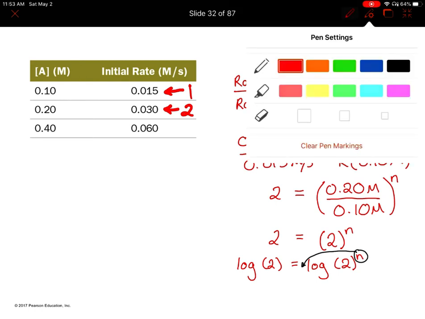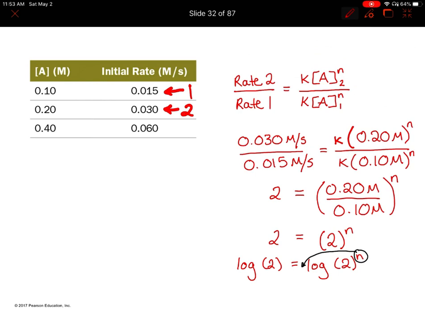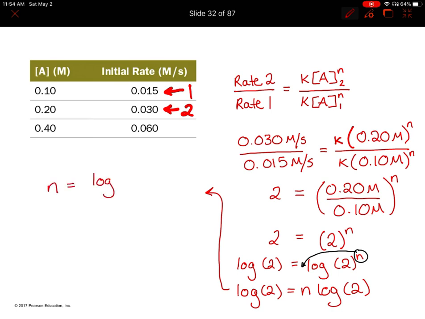So let's do that. The log of 2 is equal to n log of 2. Then we solve for n. n is equal to the log of 2 divided by the log of 2, and that's just equal to 1.